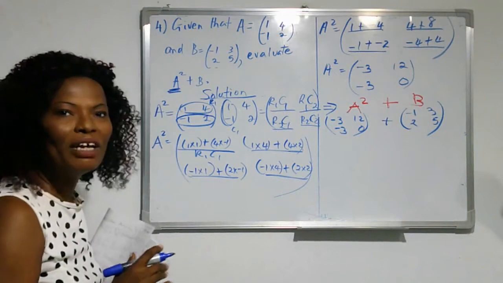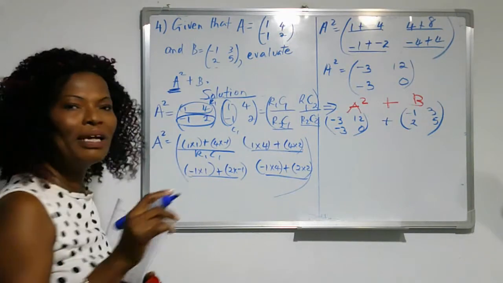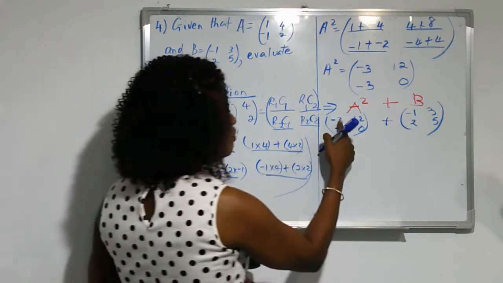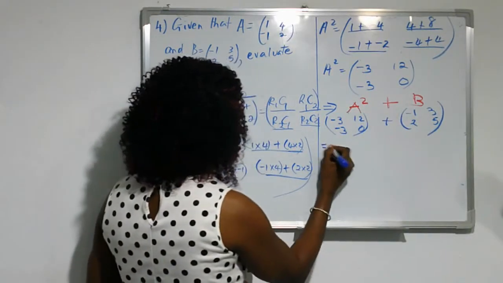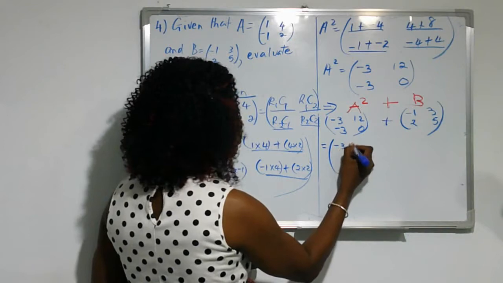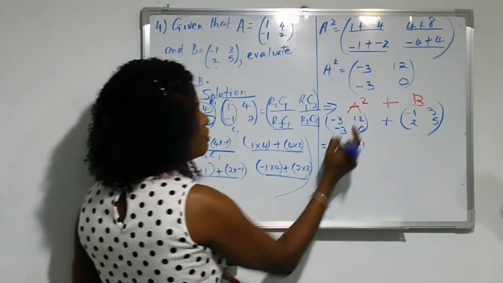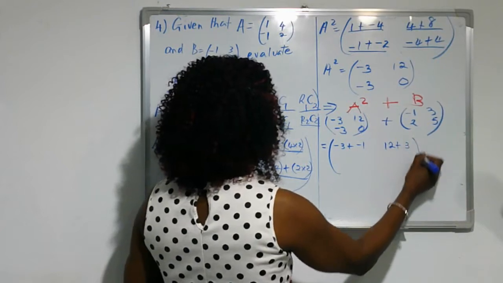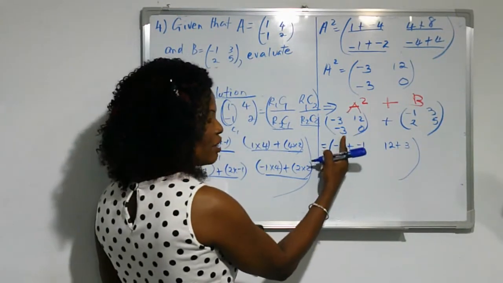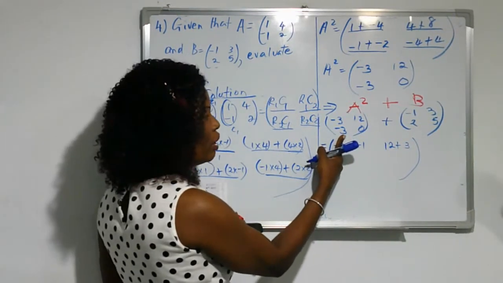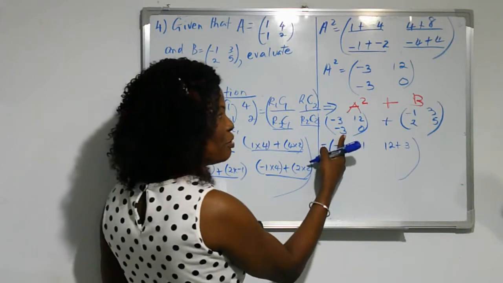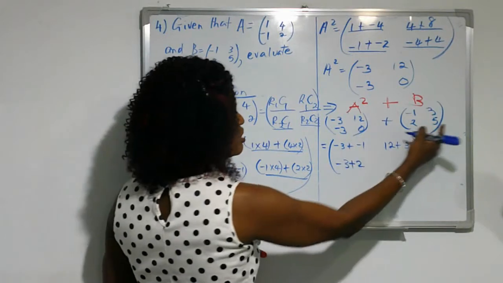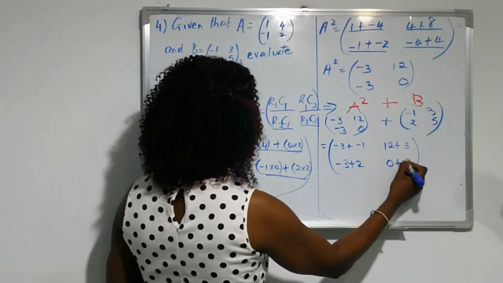How do we add two matrices? We add elements that are in the same position. So negative 3 is in the same position as negative 1. 12 is in the same position as 3. This negative 3 here below in the second row is in the same position with the 2. And 0 is in the same position with the 5.